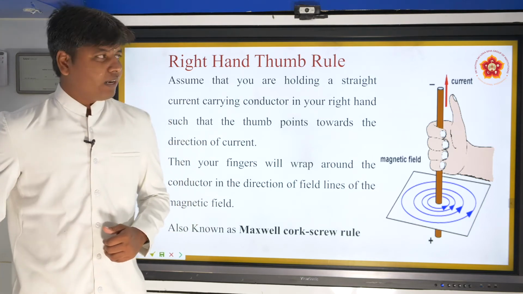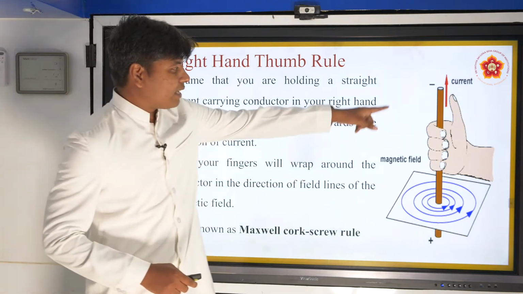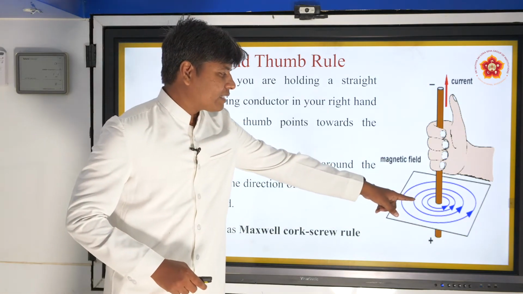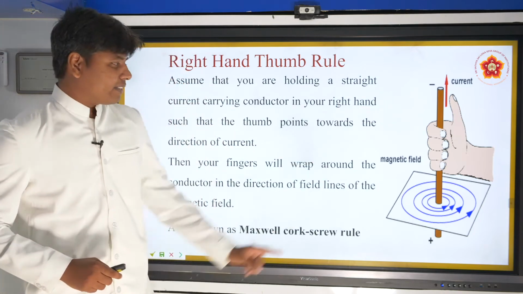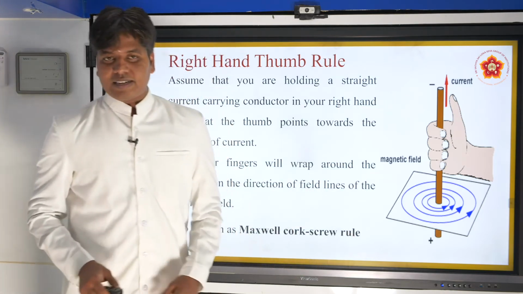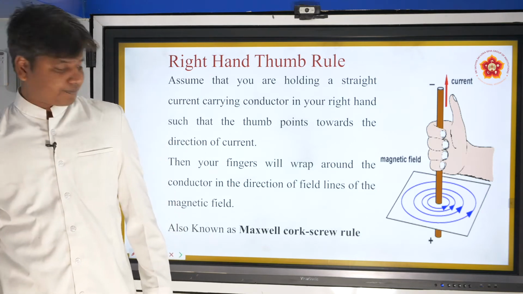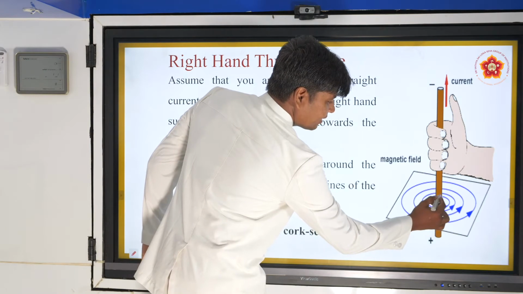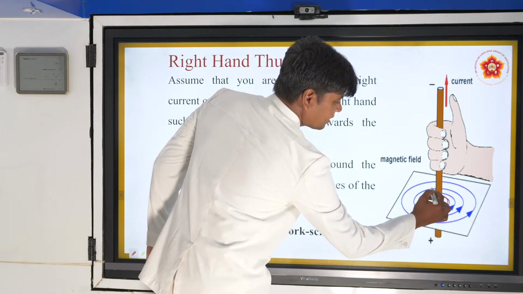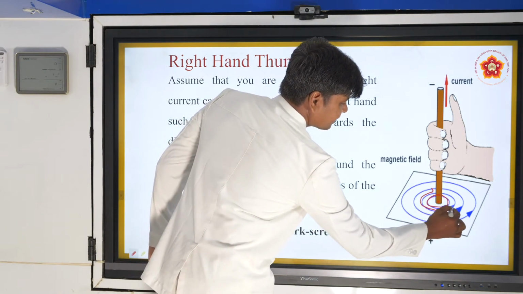Okay, now you have seen the magnetic field lines of a straight current carrying conductor. This is straight, and the magnetic field lines are circular, right? You have a center here. These are all concentric circles with different radius.